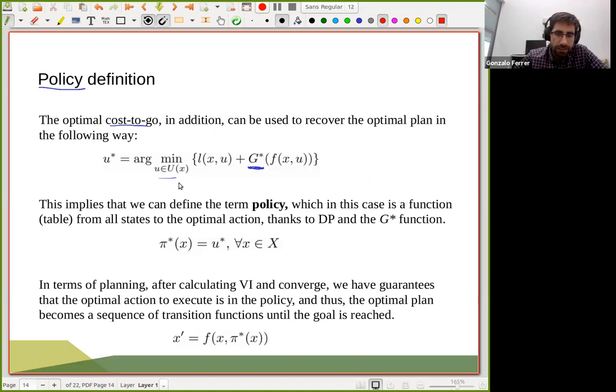This is also very interesting because now we can define the term policy. In this case, it can be a function. If you have a finite number of states, we could also just use a table. This function gives us, for each state, the optimal action to apply.